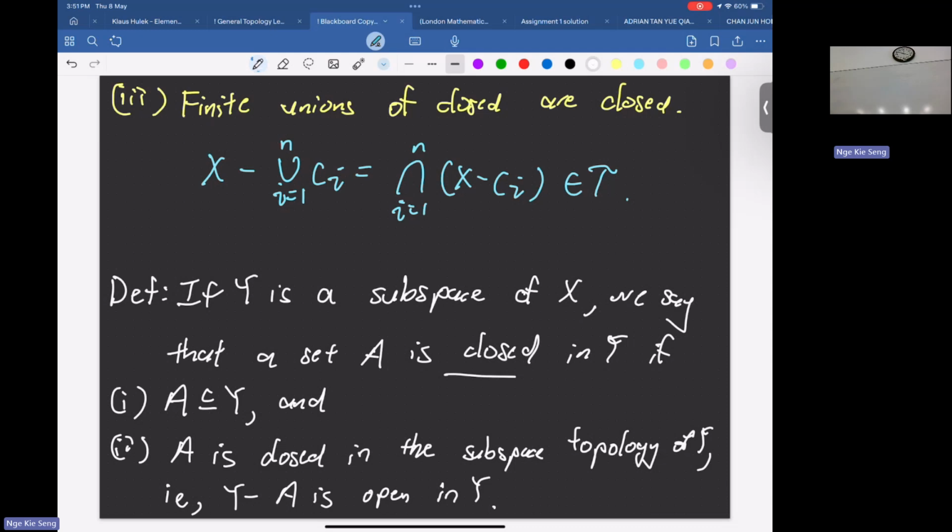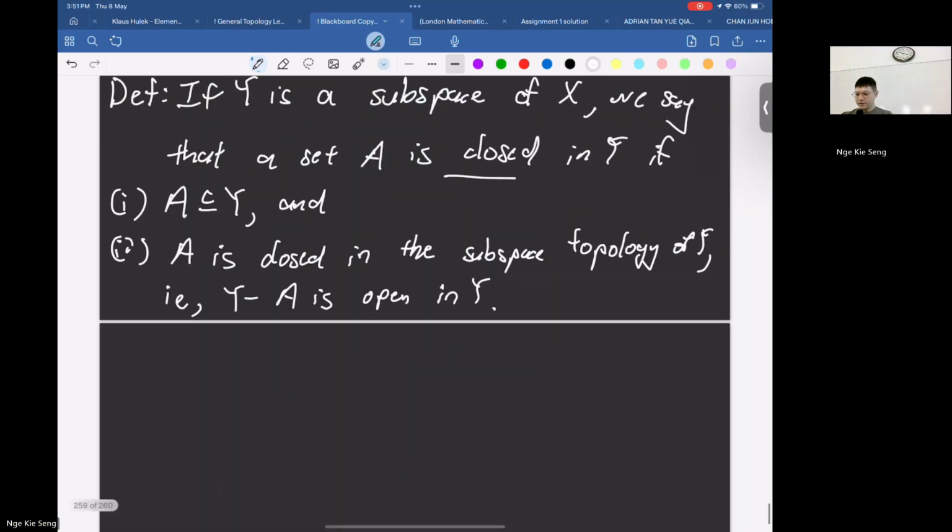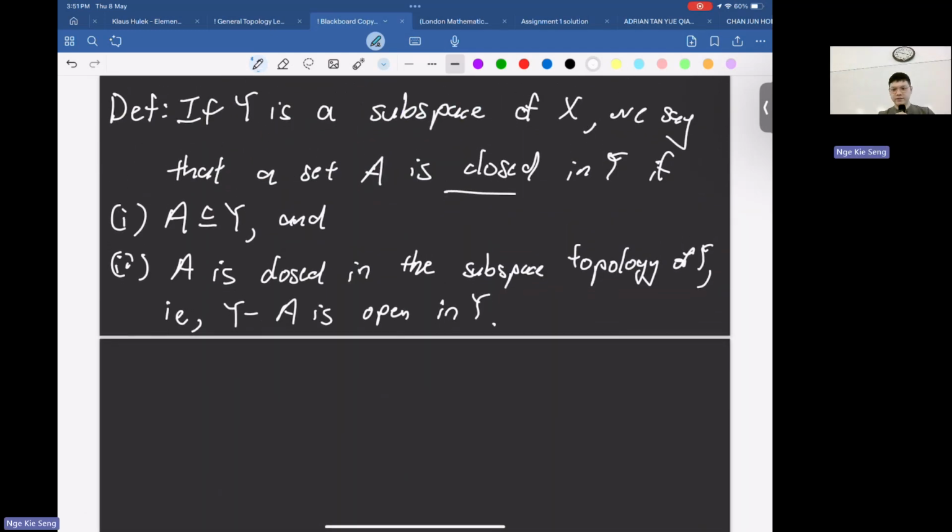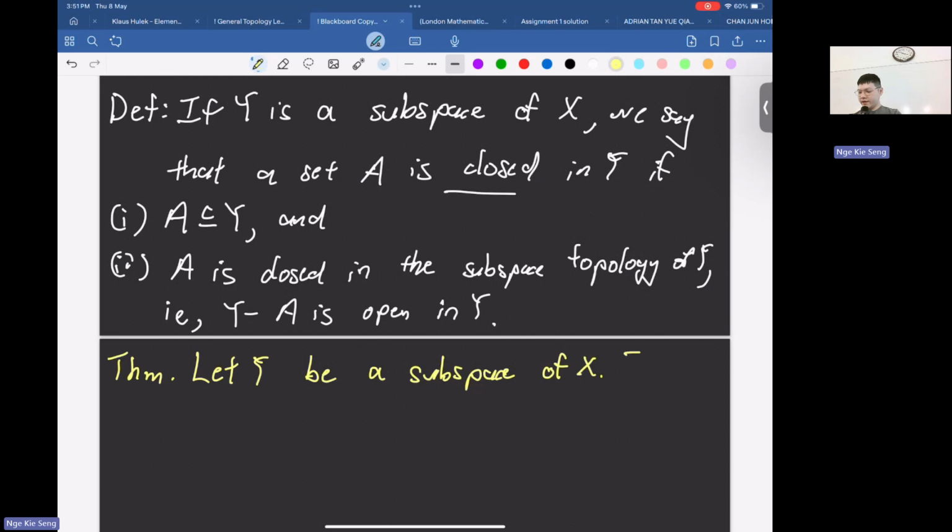Then the next lemma: this is a closed subspace topology here. We're going to reformulate this definition similar to what we had in the open subspace topology. Sorry, what do you think the closed subspace topology looks like, if I want to formulate one similar to the open subspace topology? Remember how we formed the open subspace topology?